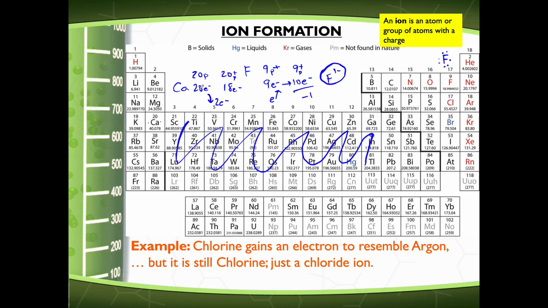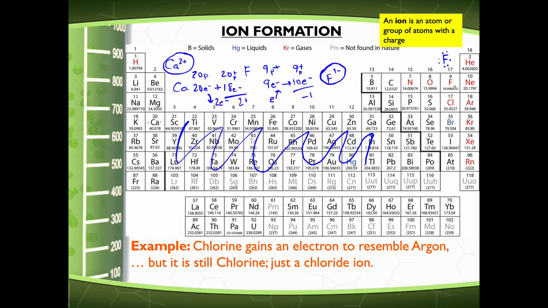So we lost 2 out of the 20 to give us 18, and now calcium has the electron count of argon. Now, if we did the math and said, okay, what's 20 positive and 18 negative? It's 2 plus. So calcium will ionize and become calcium with a 2 plus charge to be a stable and a happy calcium ion.